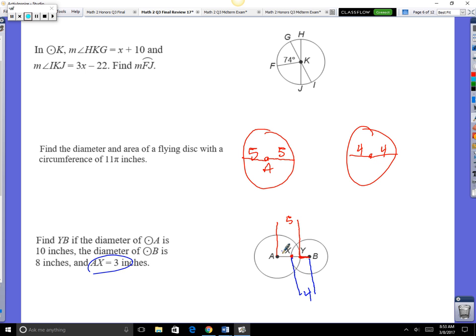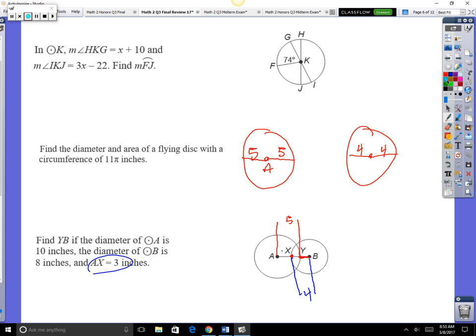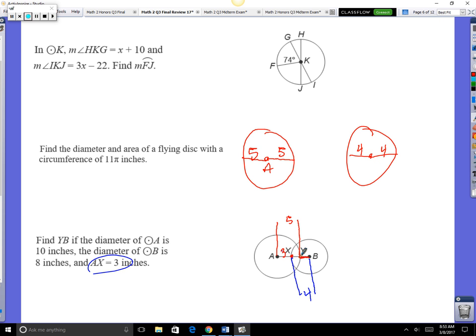So if this A to X is 3, that means the X to Y has to be 2, because from A to Y is 5. And if this is 2, this has to be 2, because B to X is 4. So Y to B is 2.